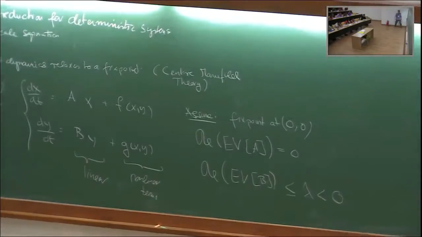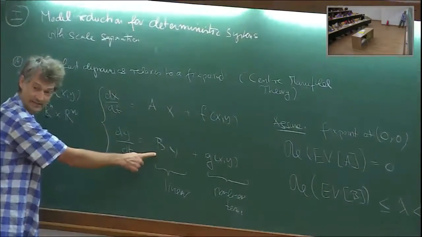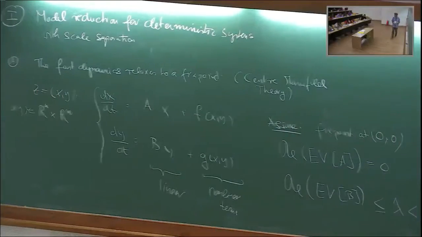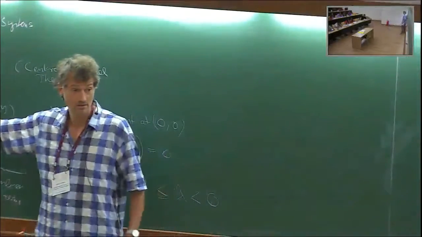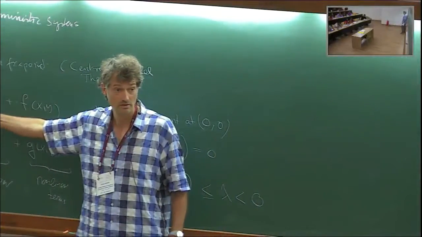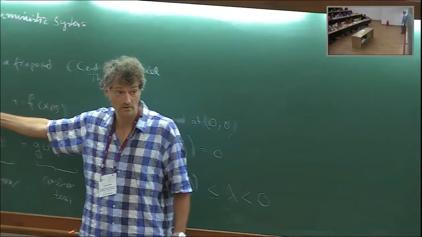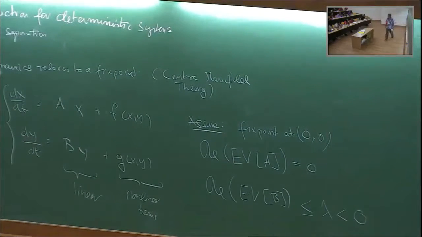So these have zero real part, and these have clearly negative real part. These are matrices. This is the linear part of your system.